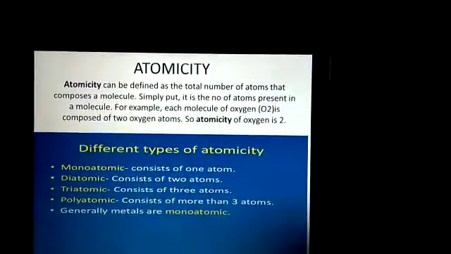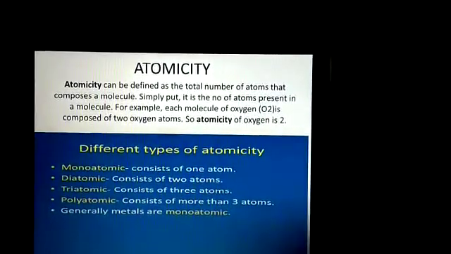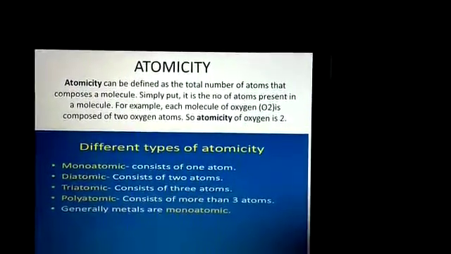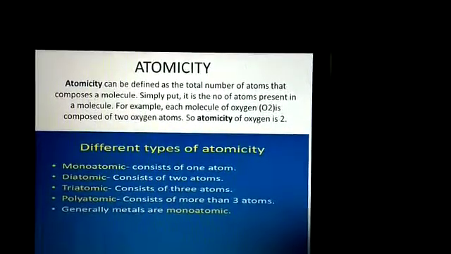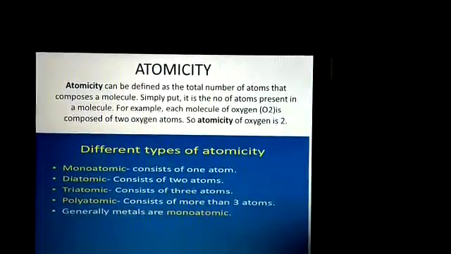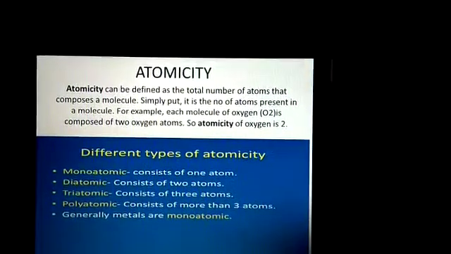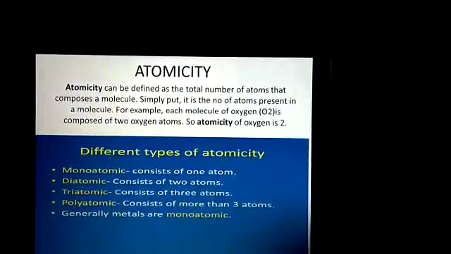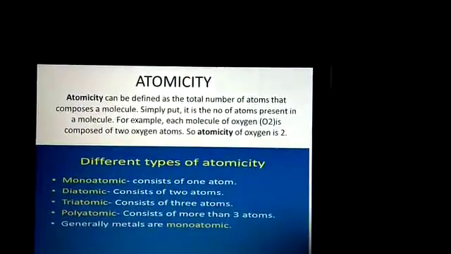The next is atomicity. Atomicity can be defined as the total number of atoms that compose a molecule. Simply put, it is the number of atoms present in a molecule. For example, the molecule of oxygen, that is O2, is composed of two oxygen atoms.